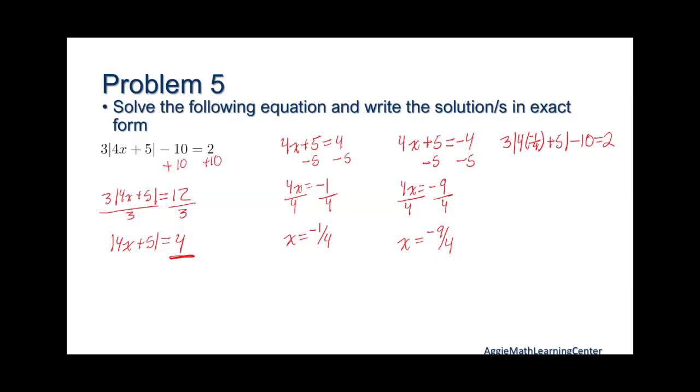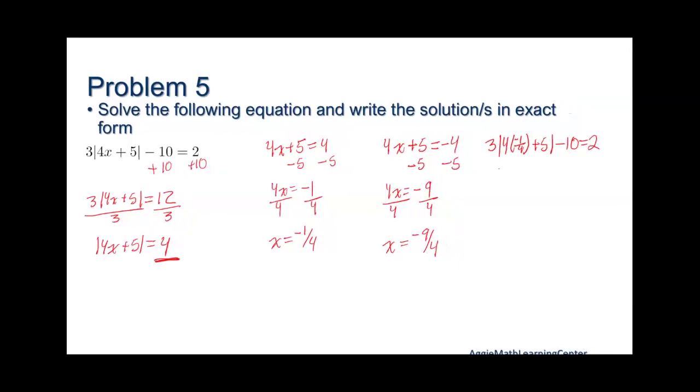So what would we do first as we are solving? Get rid of the 10 again. Or wait, no, we're not peeling it back. Okay. Distribute your 4 into your negative 1/4. And then negative 1 plus 5 is going to get us a positive 4, minus 10 is going to equal 2.